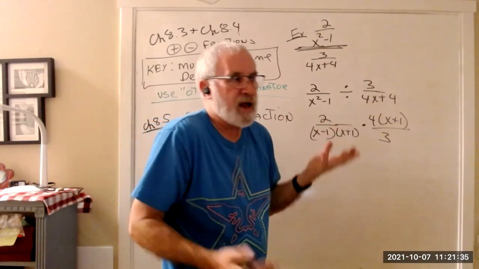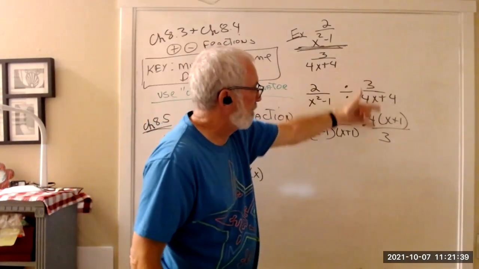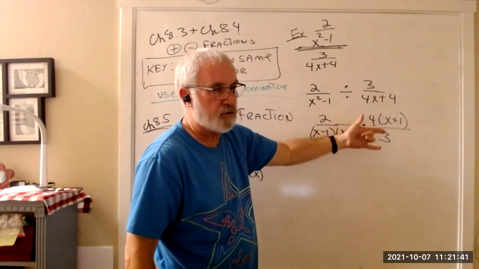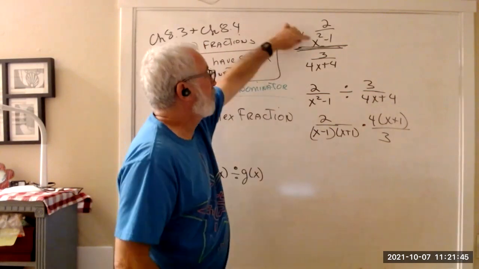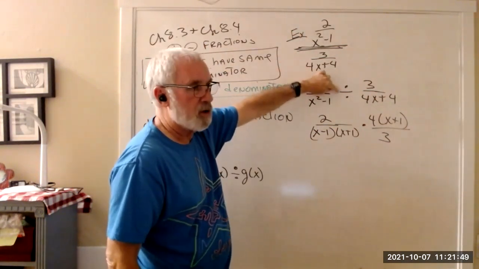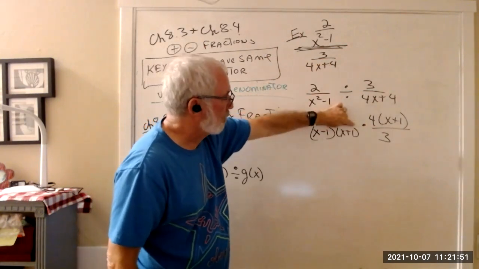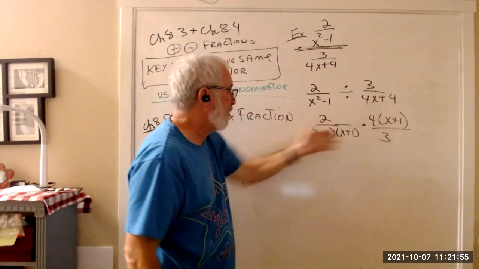I knew I have to factor, so I just started factoring everybody. But I also knew that I had to flip the second fraction. So I'm combining a couple steps here. Change the fraction bar into a division symbol. The division symbol becomes a multiplication symbol, but we flip. And then I factored everybody.